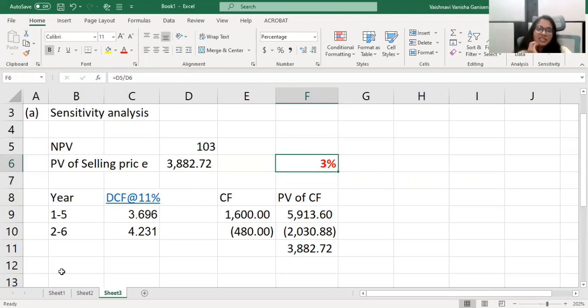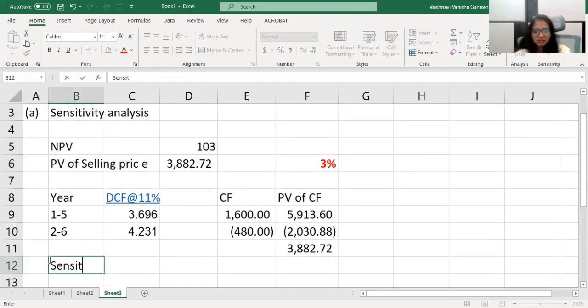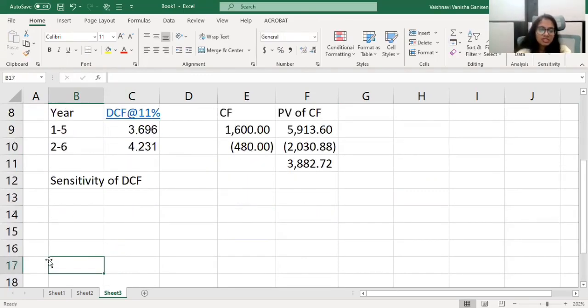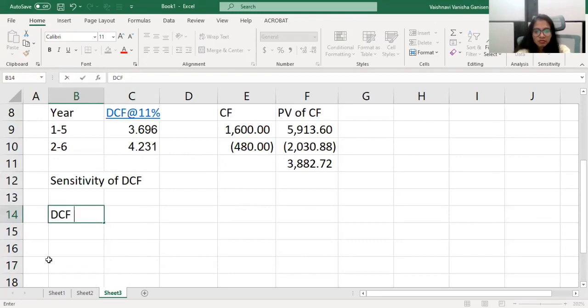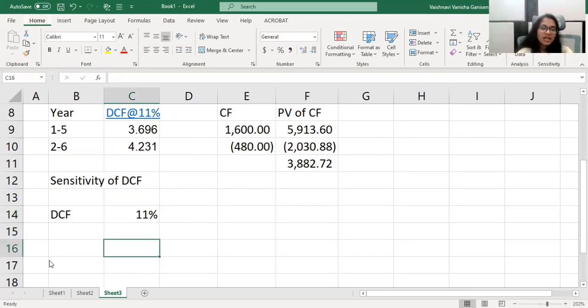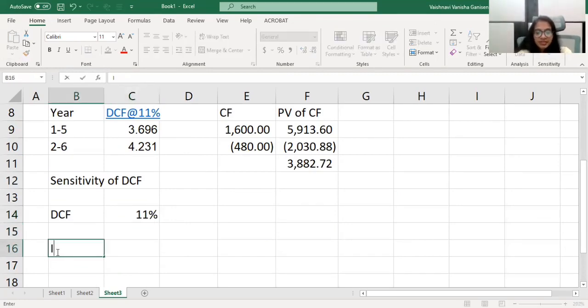Okay, now for sensitivity of discount factor, okay, your discount factor is equals to 11%. Now you need to calculate the IRR first. So guys, I'm just going to give you the value. If you calculate IRR, you should get 16%.